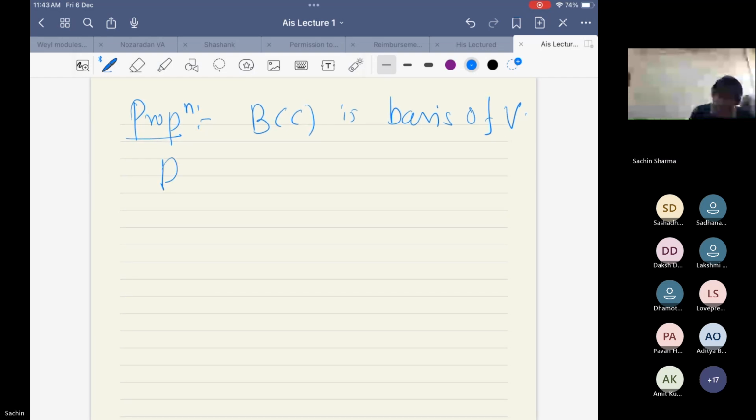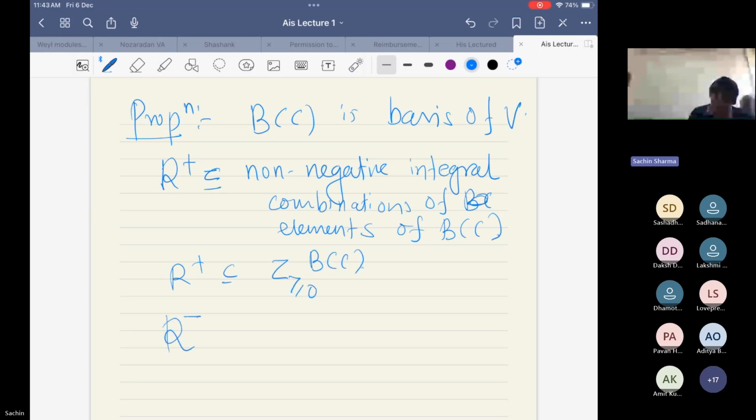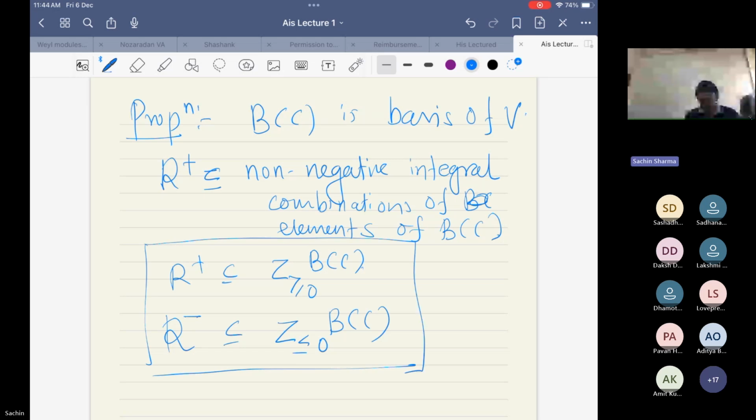And not only that, R plus is contained in the non-negative integral combinations of elements of B of C. Similarly, R minus. This is extremely important.